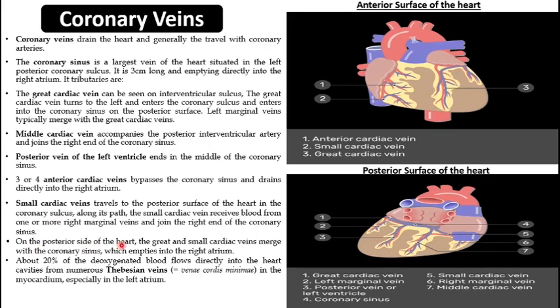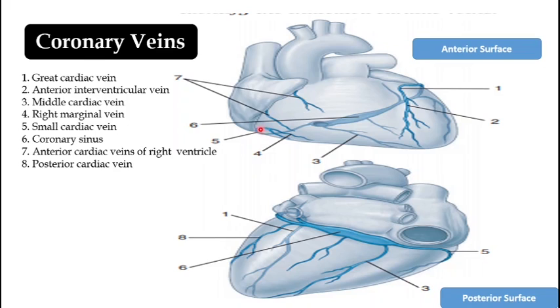On the posterior side of the heart, the great and the small cardiac veins merge with the coronary sinus, which empties into the right atrium. This is a small cardiac vein which is merging into the coronary sinus on the posterior surface of the heart, and this great cardiac vein which takes a turn to the left, and on the posterior surface you can see it is merging with the coronary sinus.